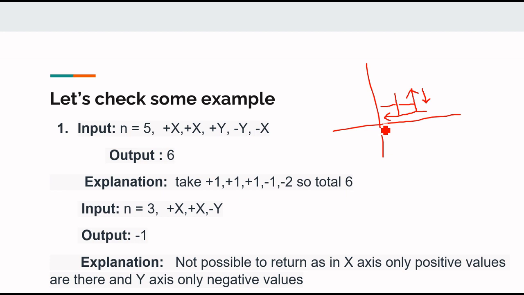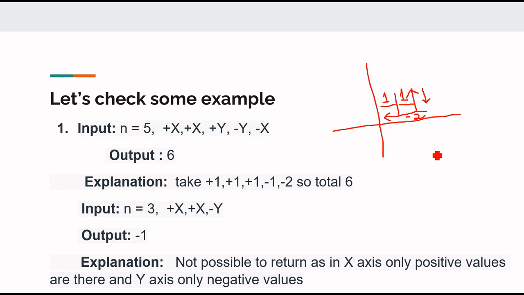Nothing they have mentioned. So at first I can take value of x as anything, but to optimize it, let's suppose this is 1, second one is also 1, and both the y are also 1, and while coming back let's take it as minus 2. So if I am taking like this, I can come back to origin.